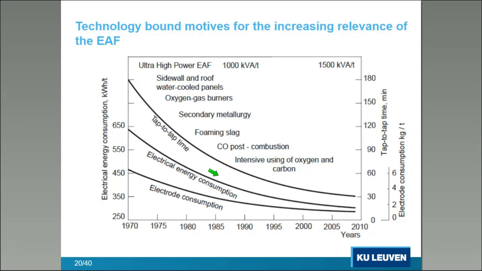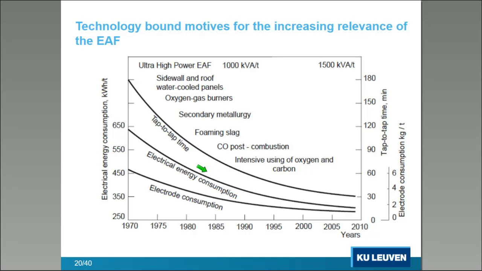In the beginning, that means in the 70s of the last century, the electric arc furnace was only capable of producing very basic steel products. So that means not the high-value construction steel, as we saw in that nice bridge some slides before, but commodity steel, let's say, steel that is used for barbed wire, for instance.